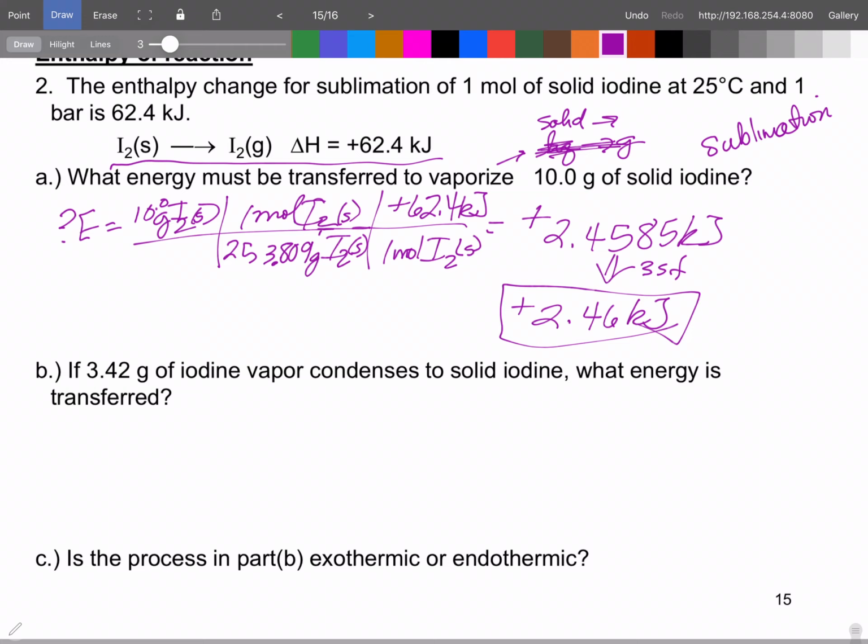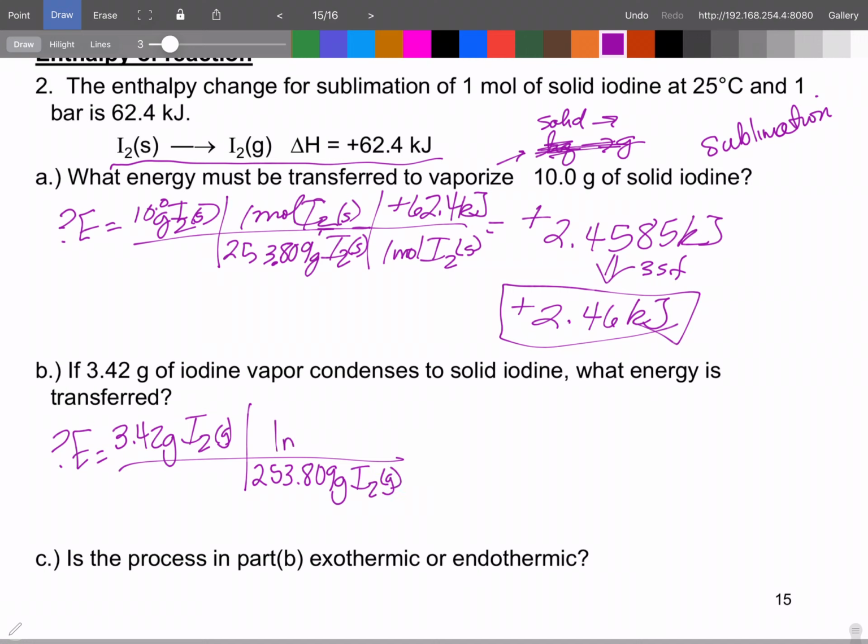Okay, so on B, it says if 3.42 grams of iodine vapor condenses to form solid iodide, that's actually deposition, but we're looking at the energy. So we're going to start with the 3.42 grams of iodide gas. We know that it's still 253.809 grams of iodide, whether it's gas or solid, per 1 mole of iodide.